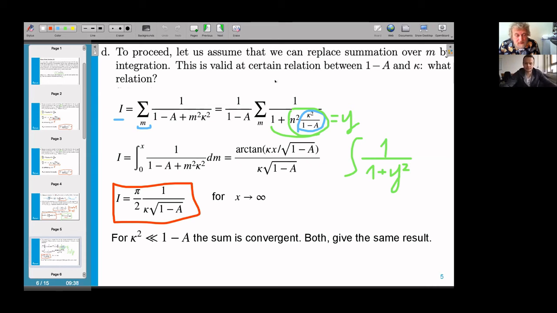In order to investigate the convergence, one has to look at large M. In this case, the terms scale like 1 over m squared. This sum converges.